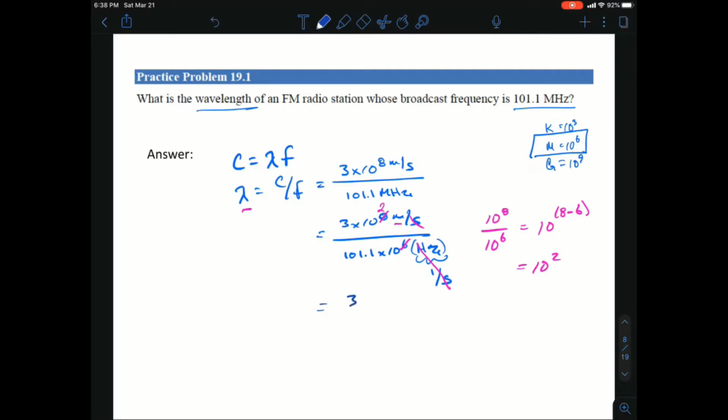You'll end up with 300 divided by 101.1, and that's going to be 2.967, and we'll bring that meters back into play. Don't forget your units. If your units don't check out, it's going to be an indication that you probably did something wrong somewhere. Okay.